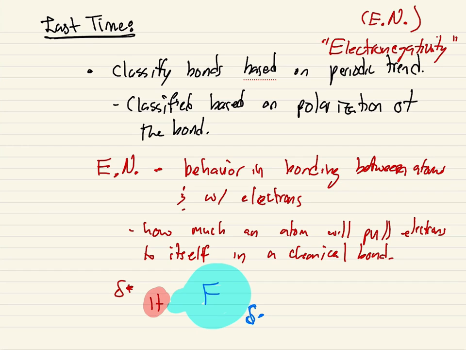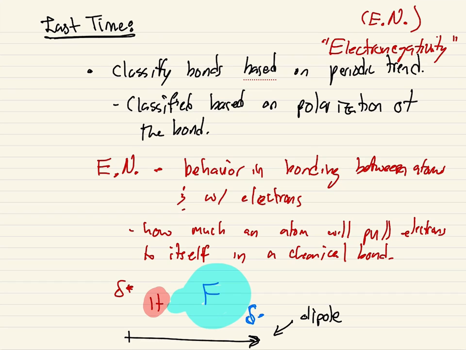And that gives rise to this symbol right here, which was the dipole in the molecule, right? And the dipole is what made the molecule polar or nonpolar, or the bond polar or nonpolar, right? It goes from positive to negative, and so that gives a dipole in the molecule.